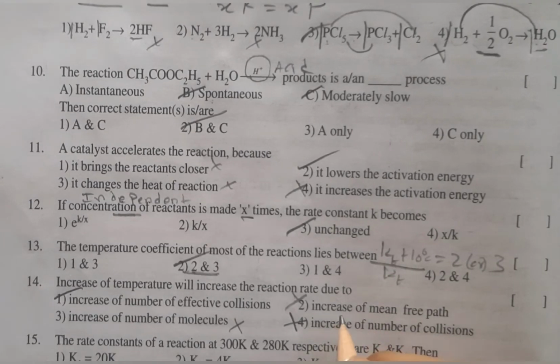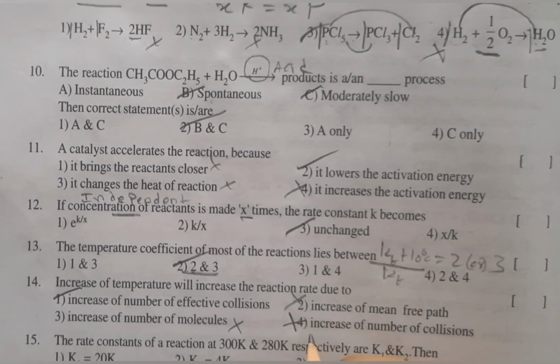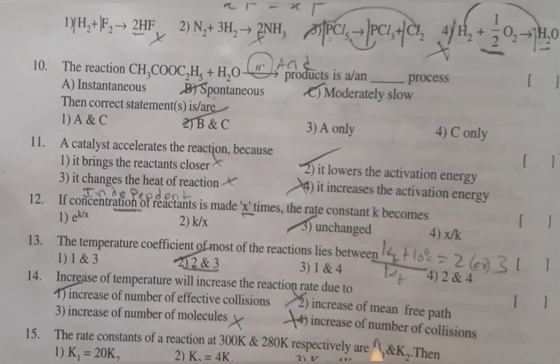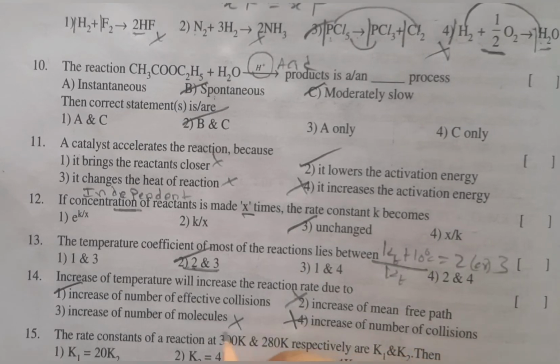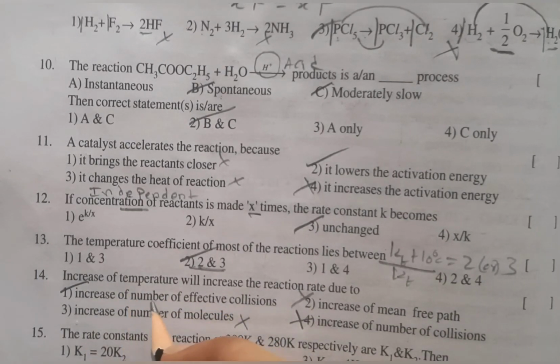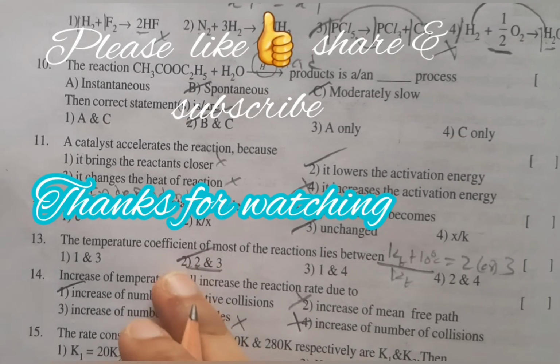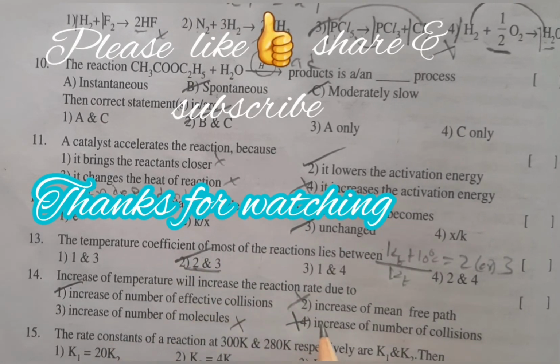They can't influence the rate of reaction. So the number of collisions may be correct if he didn't give the effective collisions, but he gave effective collisions, so we have to go with this one. If option 1 is not here, if it is not effective collision, then you have to go with 4.